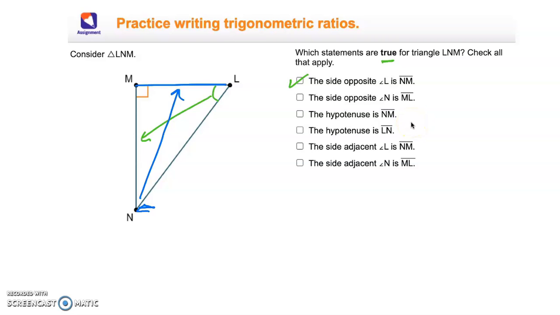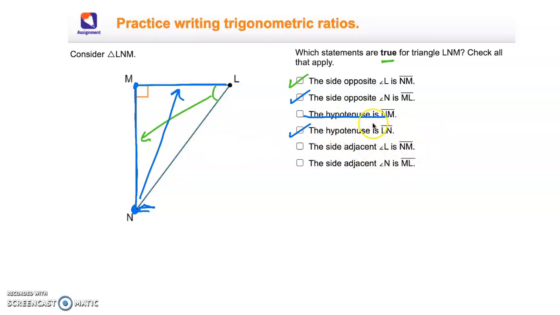Yes, that's ML, so that one is also true. The hypotenuse is NM. Here's NM. Is that the longest side? No, the hypotenuse is going to be LN because it's opposite the right angle, so that one is not true. And the hypotenuse is LN, that one is true.